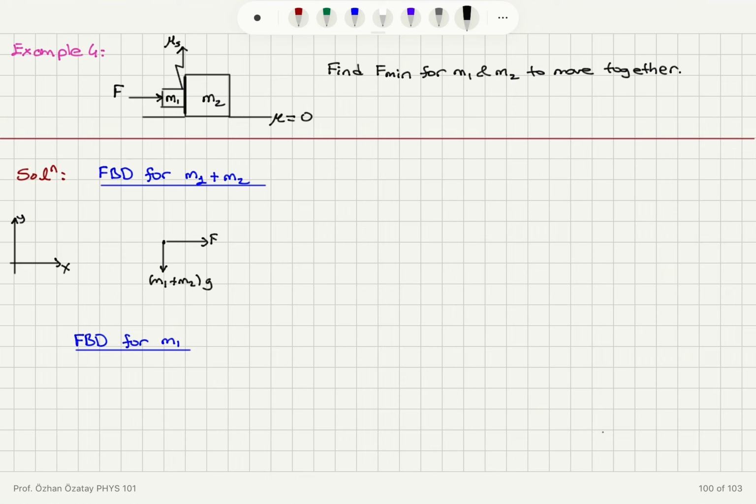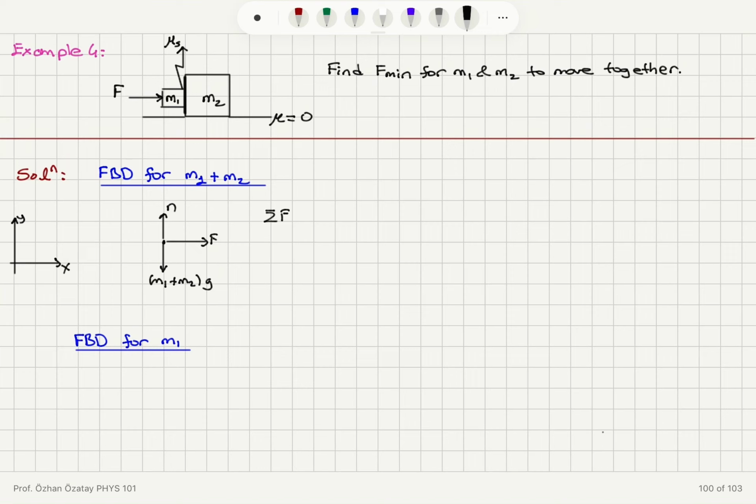Now, if I don't want these two to slide down against M2, then I'm going to consider the friction pointing up, but that's when we consider M1 alone. For M1 plus M2, we don't consider friction because it's a combined system moving together. We only have the normal force that is exerted by the bottom surface here. The bottom surface exerts a normal force on this combined system. So that is the normal force N.